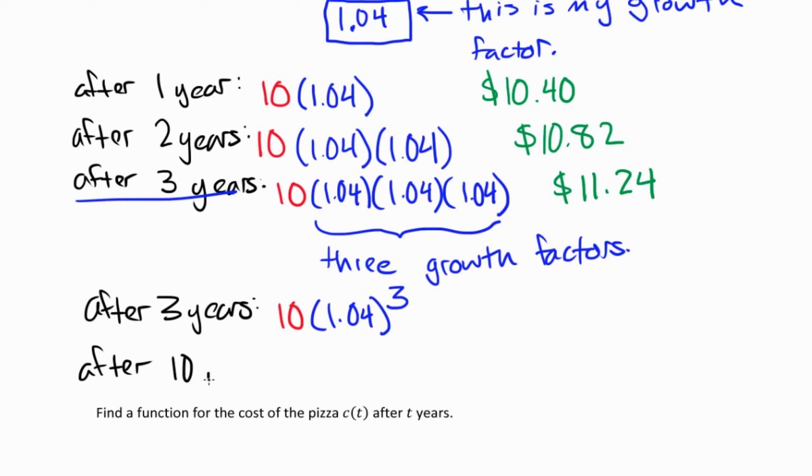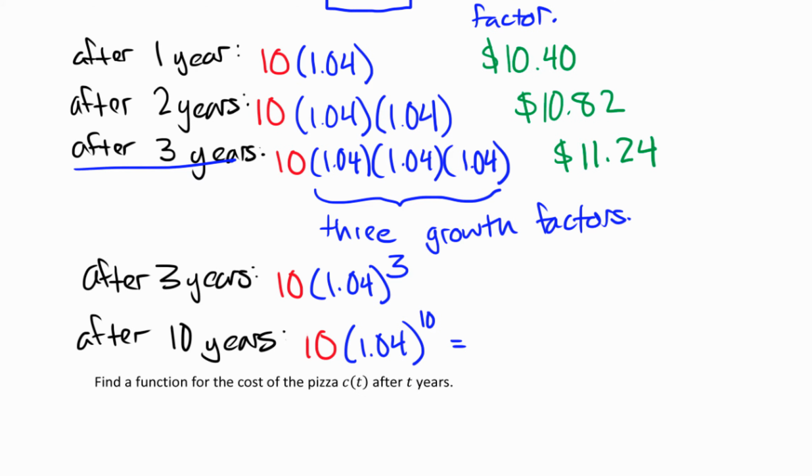After 10 years, I don't have to do this over and over again. I can just say after 10 years it's going to be my starting price, and now, because I'm using one growth factor for every year that goes by, I can just take that growth factor, raise it to the 10th power, and that's going to give me 10 times 1.04 to the power of 10. I end up with 14.80.